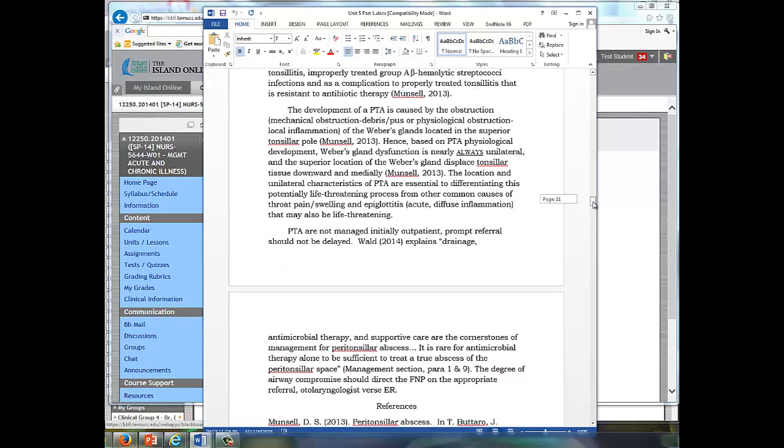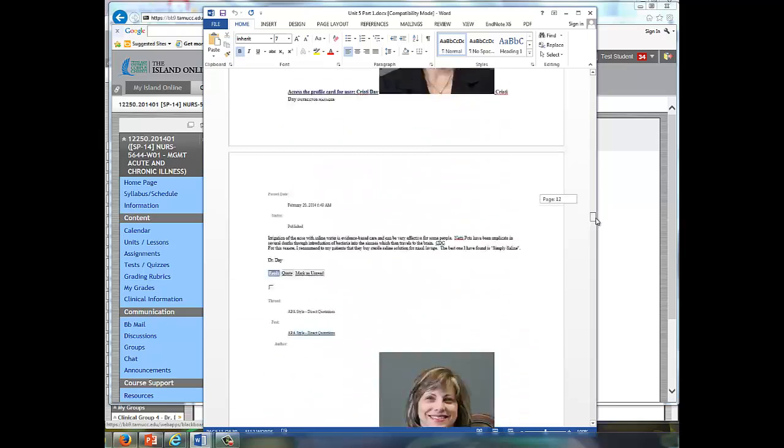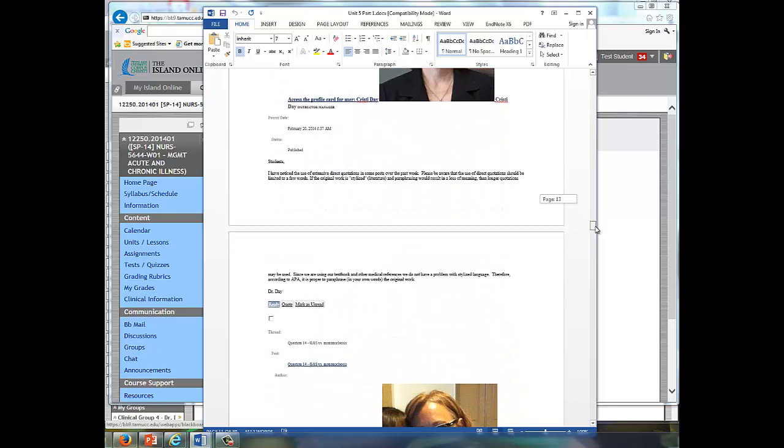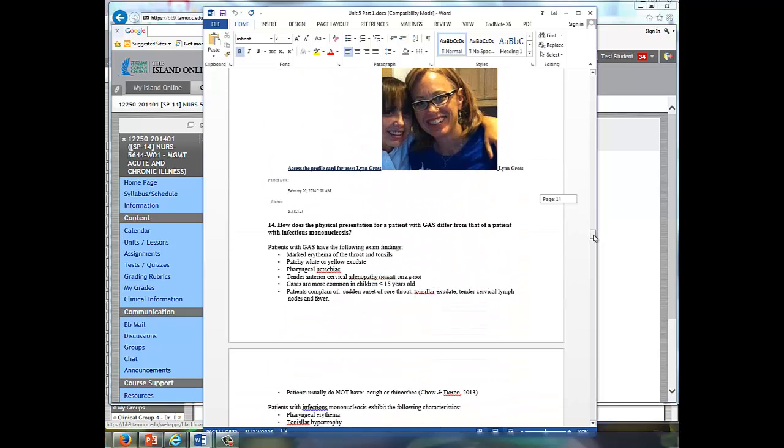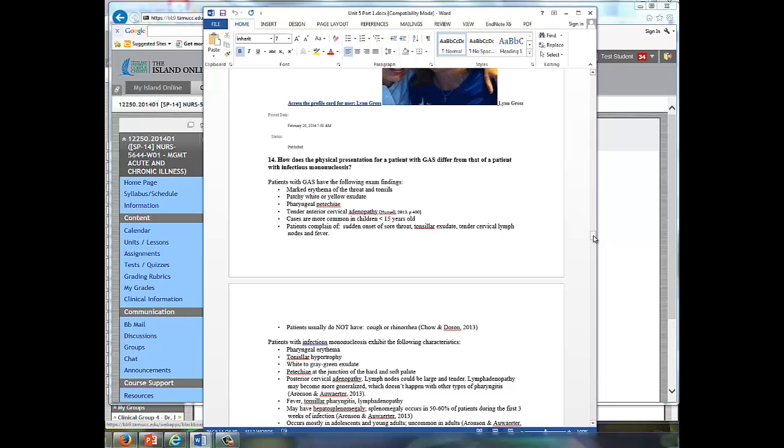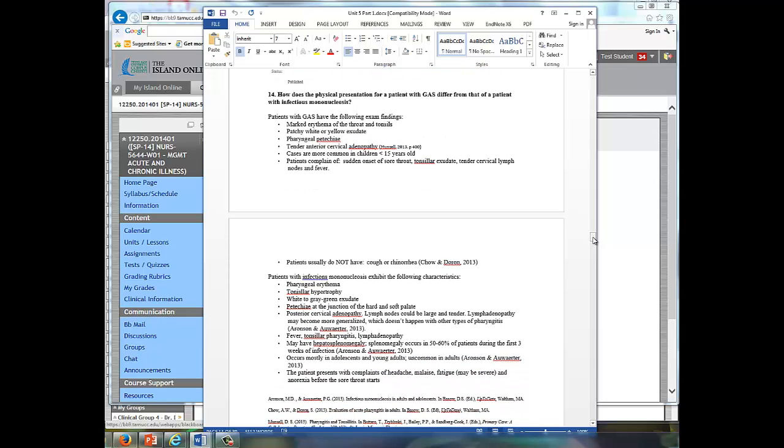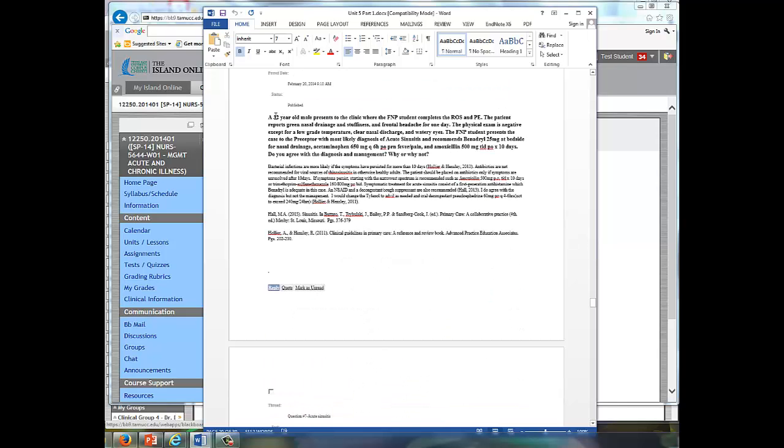So those are both referrals. Those are not going to get well treated in primary care. Epiglottitis needs to be treated in the hospital with airway support, and the peritonsillar abscess usually needs to be drained. So that's specialty care.